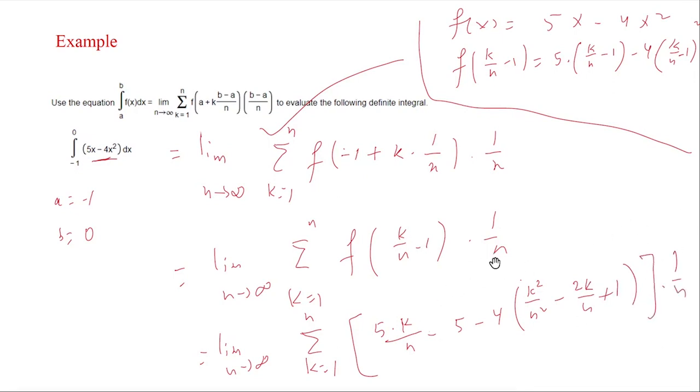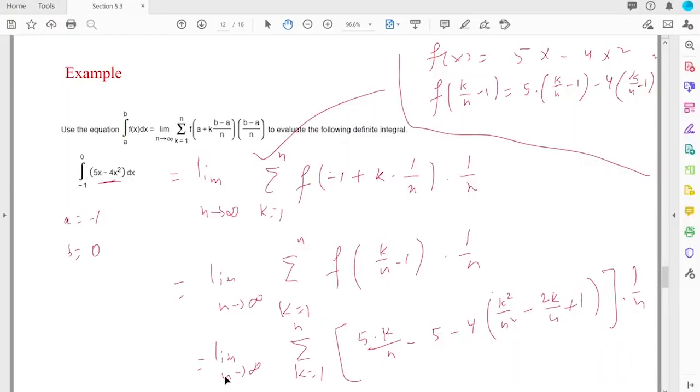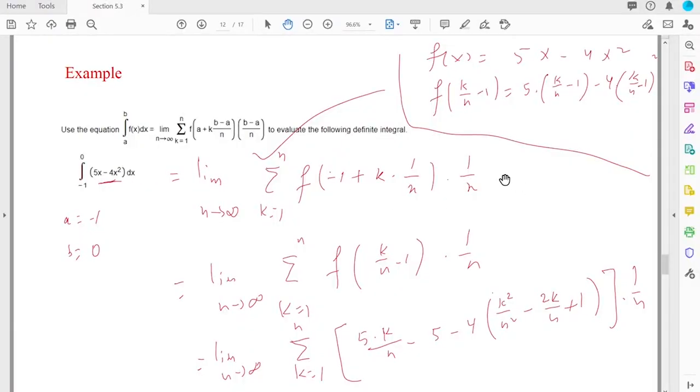So let's simplify this. I need to insert one more blank page here to work further. Our goal is to find the sum of this, and then after finding the sum we need to find the limit.